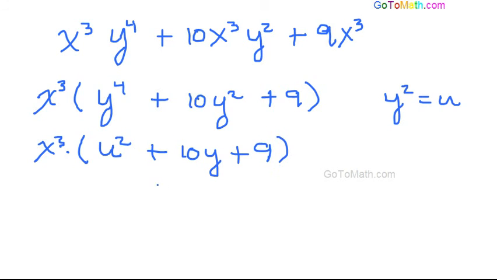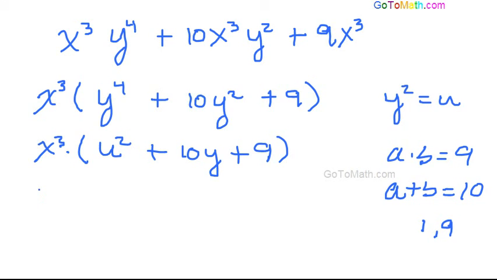Okay? Now remember, we're looking for two numbers that when multiplied together give us 9. And I almost wrote a plus sign again. I did that in an earlier problem. Getting ahead of myself or something. So a plus b is equal to 10. So what do we got? Well, what about a 1 and a 9? Because 1 times 9 is 9, and 1 plus 9 is 10.